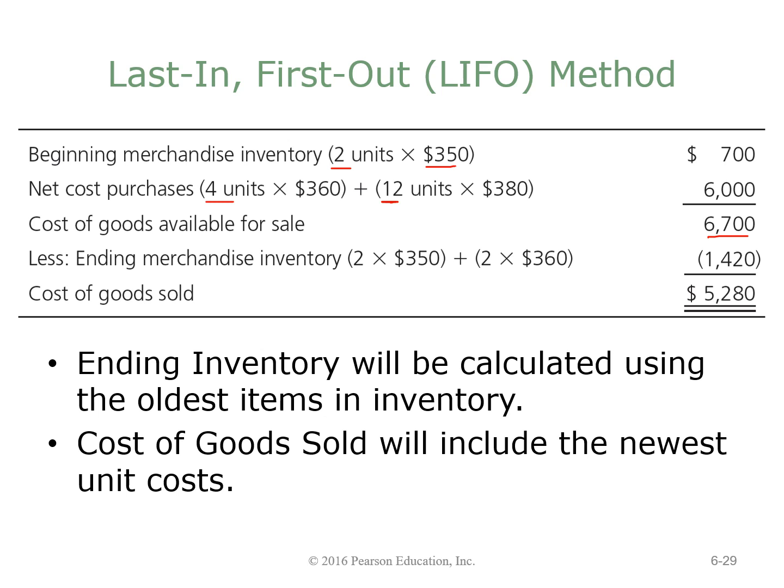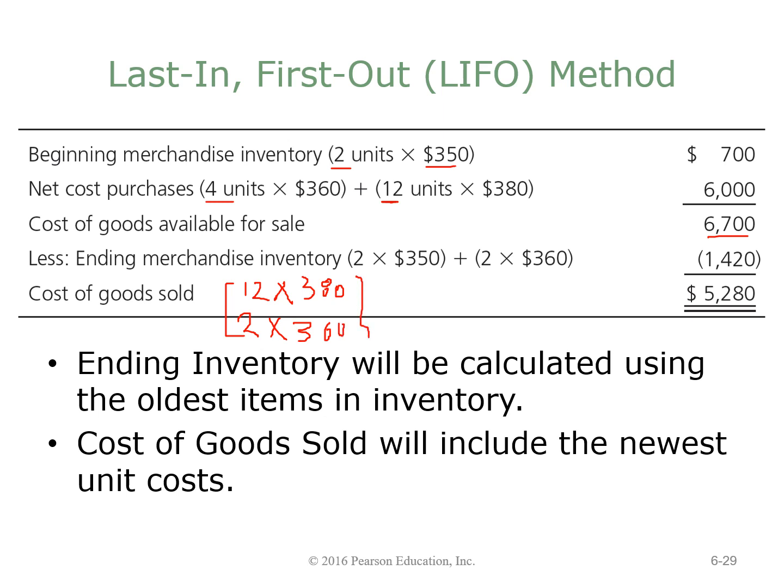The ending inventory will be calculated using the oldest. I can, by the way, calculate the cost of goods sold first. I'm talking about LIFO, so actually I will sell the 12 units first at 380. If you are getting confused by calculating the ending inventory first, then I will sell the 2 units of the 360.